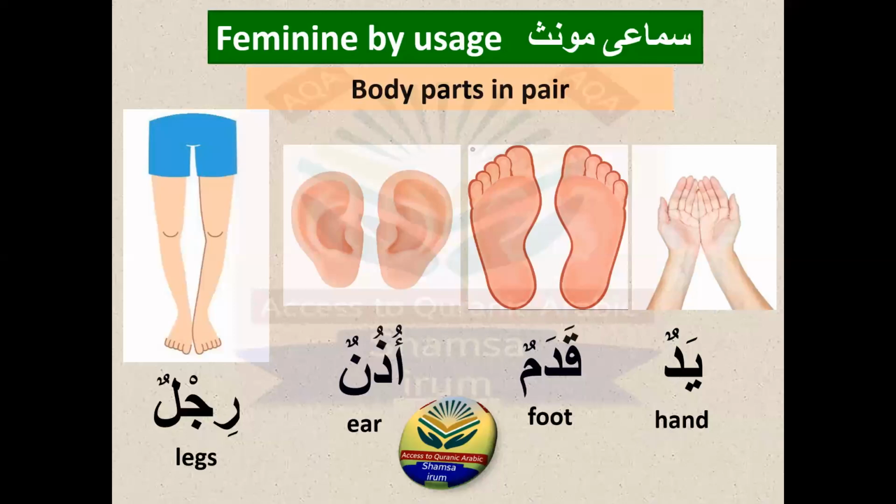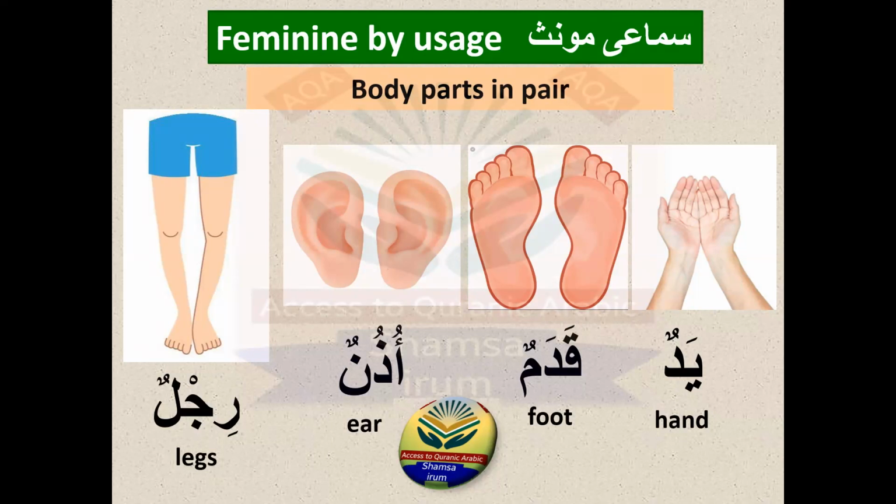What about the nose? Is it feminine or masculine? You can say the nose is only one part, not in pair, so it will come in the masculine category in the Arabic language. Tongue is masculine in Arabic because it's not in pair.